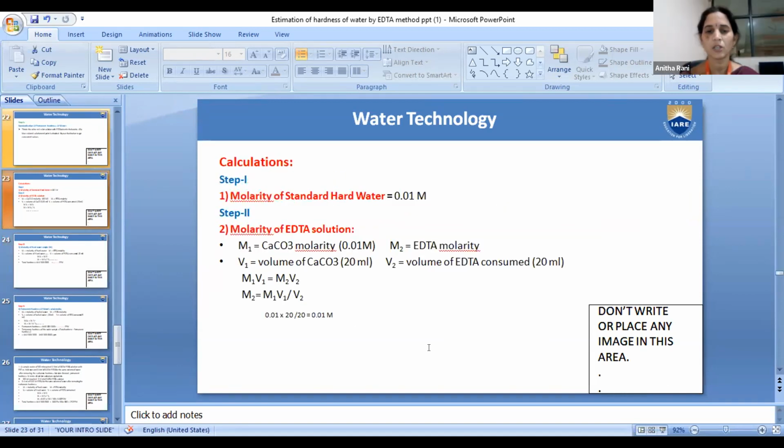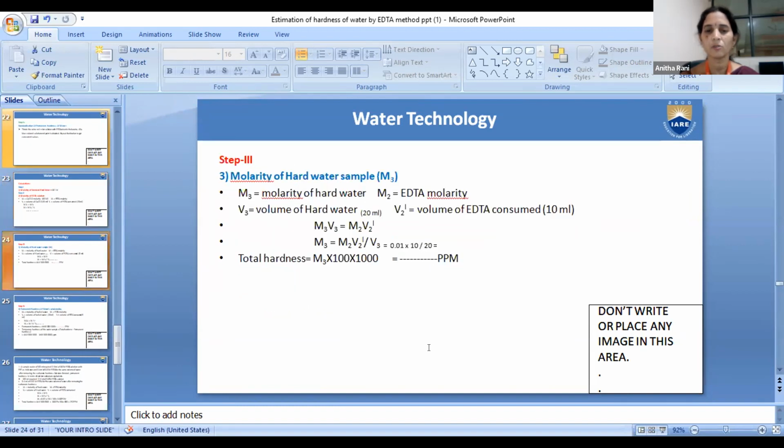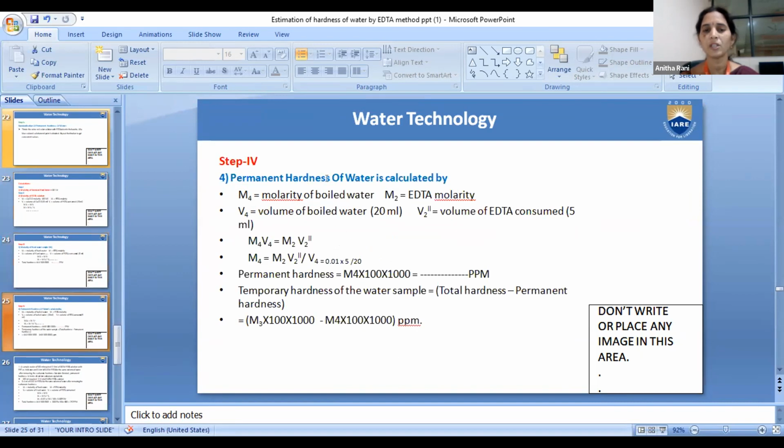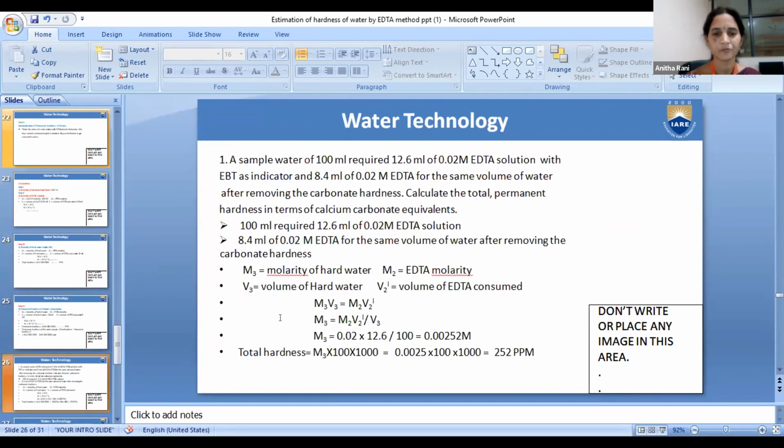Step 2 is the molarity of EDTA solution. Step 3 is the molarity of hard water; converting into ppm gives total hardness. Step 4 is permanent hardness, the molarity of boiled water, then convert into ppm. Temporary hardness is M3 minus M4.